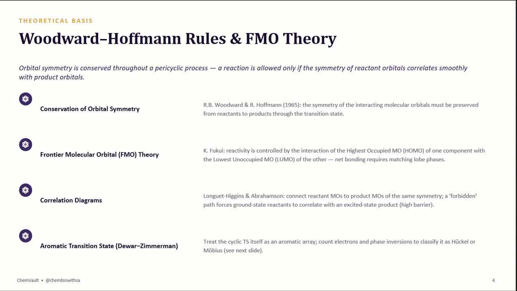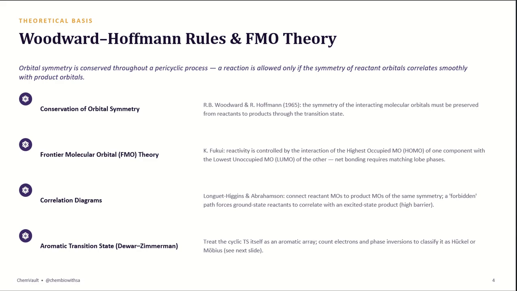The second is Kenichi Fukui's frontier molecular orbital theory, or FMO theory, which tells us that reactivity is governed by the interactions between the HOMO of one component and the LUMO of the other.